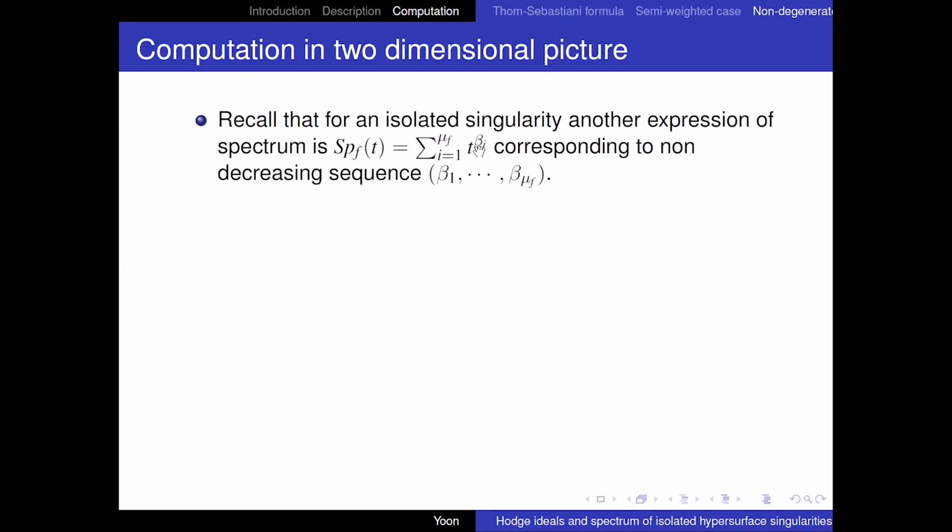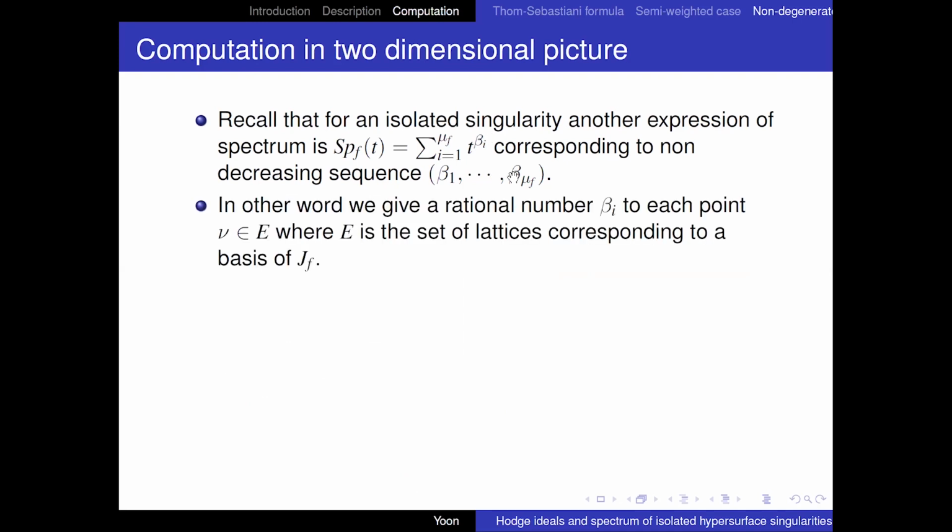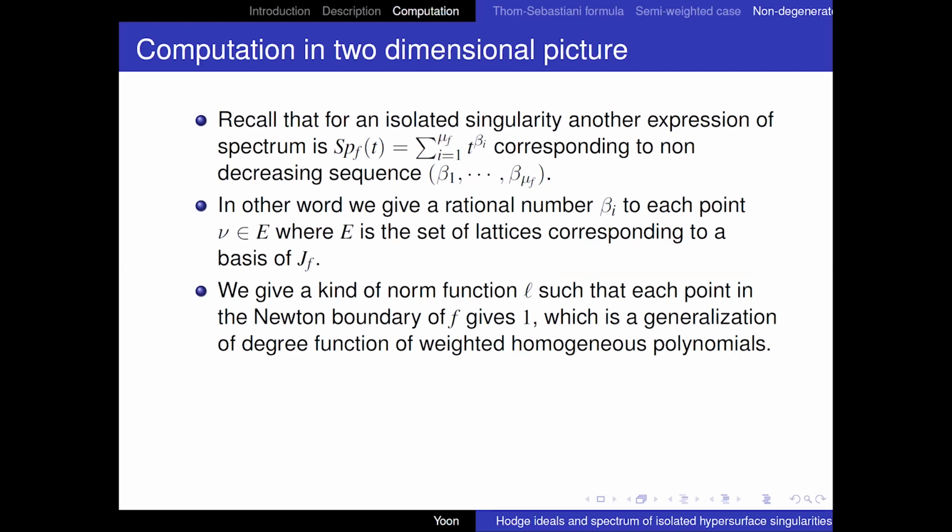This is another expression, the number beta I. To give such a number, we give a kind of norm function L. This function L gives 0 at the origin and gives 1 on the Newton boundary, and changes proportionally.